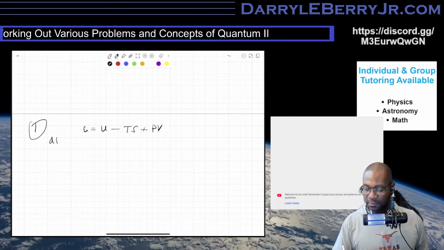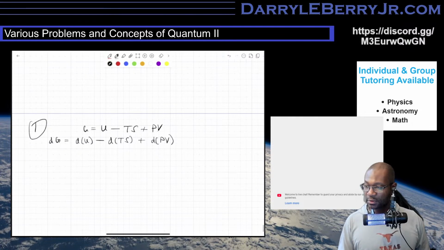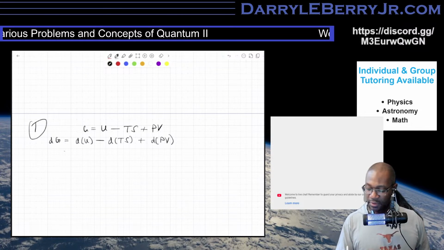So one thing to keep in mind is we have to take the derivative of everything in the expression, because any of these things can change. So that would entail the chain rule.